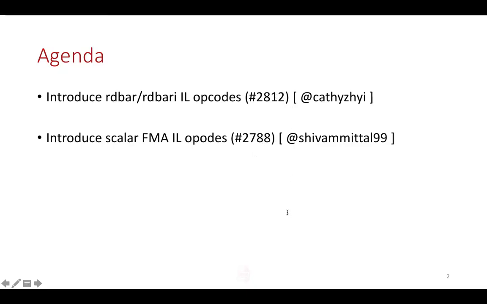I believe that was probably copied from the vector one. Okay. Yeah, it should be float or double. Data type is float.